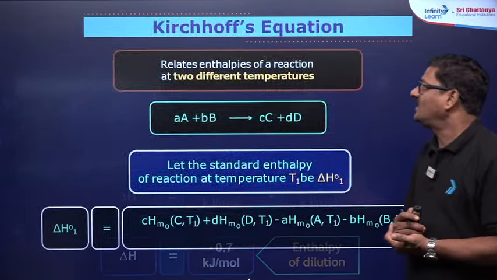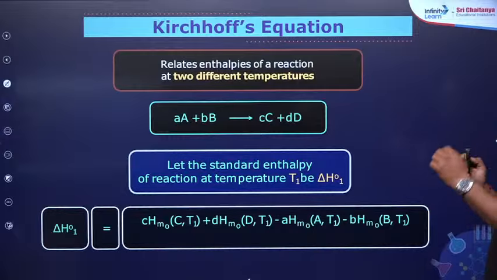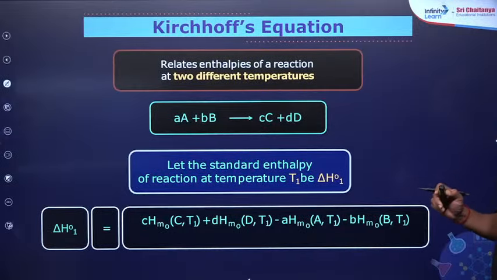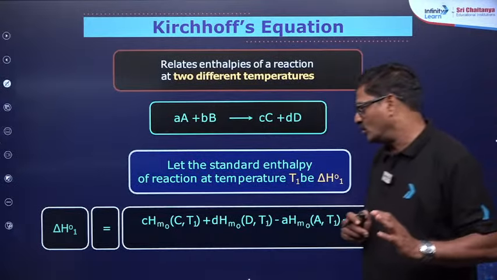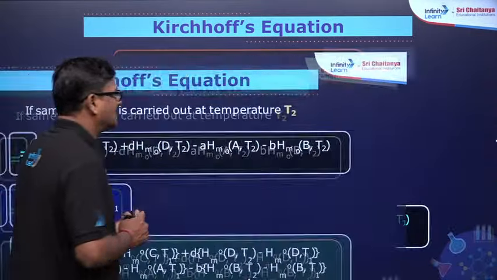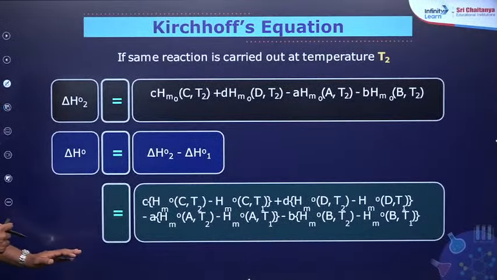Okay, and after this Kirchhoff equation we will start numericals. Stay tuned. It relates the enthalpies of reaction at 2 different temperatures. That is Kirchhoff's equation. So that is given as, look at this, yes, it is Kirchhoff equation.